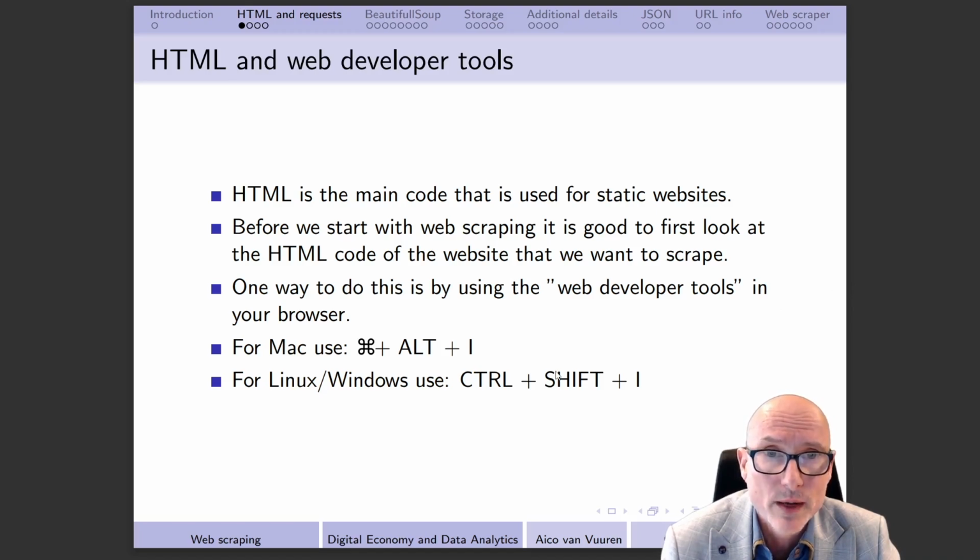Most websites that are interesting for web scraping are in fact static and not dynamic. So that implies that the main thing we have to investigate is the HTML code.